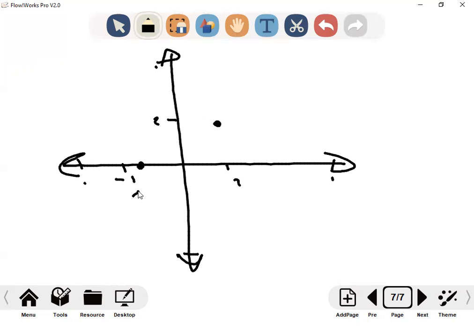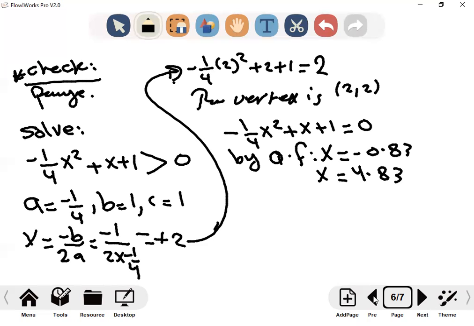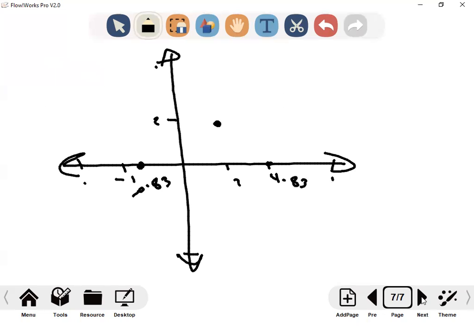Negative 0.83 and 4.83, right? And the y-intercept, where is it? It is 1. And we have an open circle, no equal sign here. Yeah, here open circle, okay?